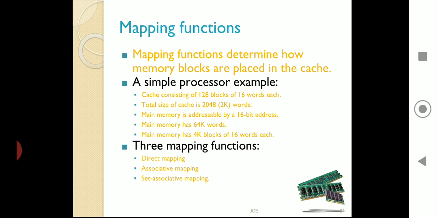It has 64,000 words and 4,000 blocks of 16 words each. If you compare between them, you will see that the main memory size is very large as compared to the cache. Therefore, the cache has to take the help of the main memory if the speed has to be increased.